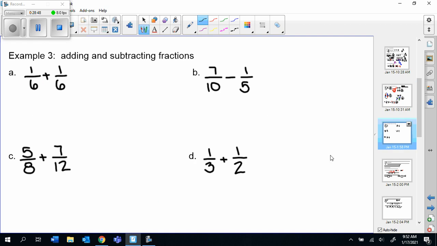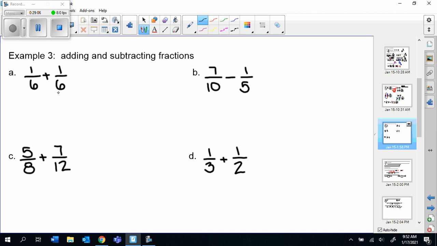All right, what do we have next? Now we have adding and subtracting fractions. So this is going to dive into the topic of finding a common denominator, or a number that both of my denominators divide into.